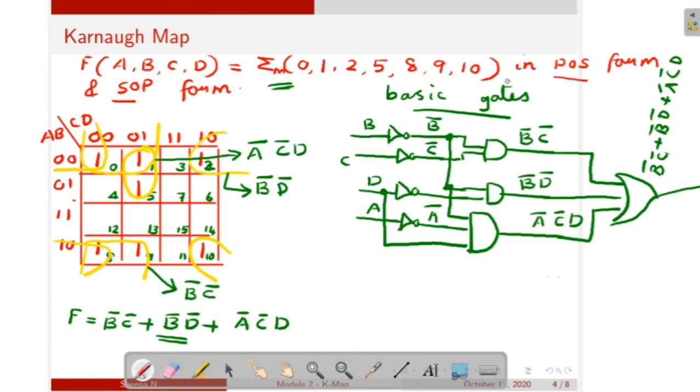Next we have to find the simplified POS expression for this given expression. Okay, so how can we write the POS expression? So POS expression, here it is pi m of f is equal to pi m of complement of this one, that is 3, 4, 6, 7, 11, 12, 13, 14, 15.